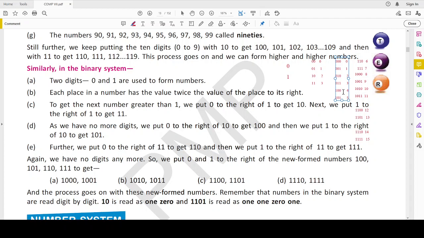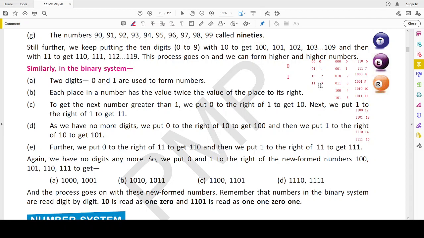When you need to represent bigger numbers, you have to represent that 1 also with more number of bits. Then only you have the provision to represent a bigger number. Otherwise, if you represent a 1 only with 0 1, you can represent only up to 3. You cannot represent more than 3.